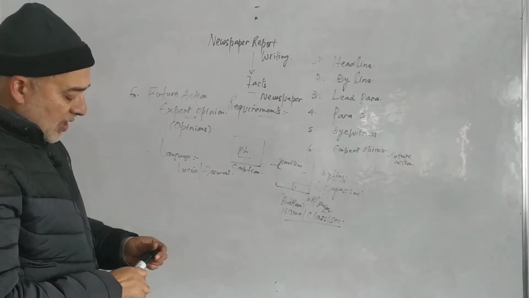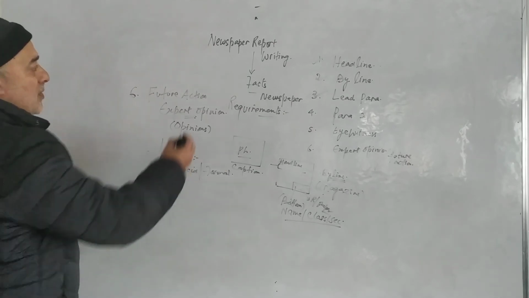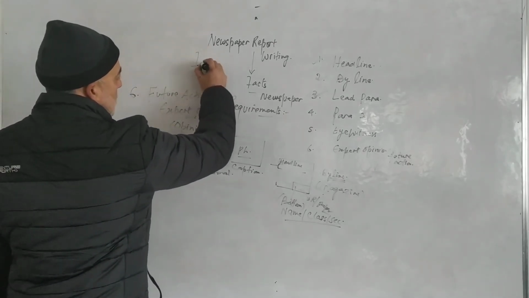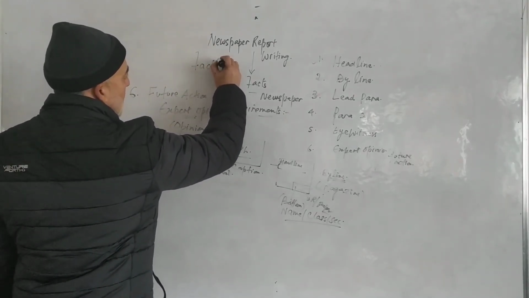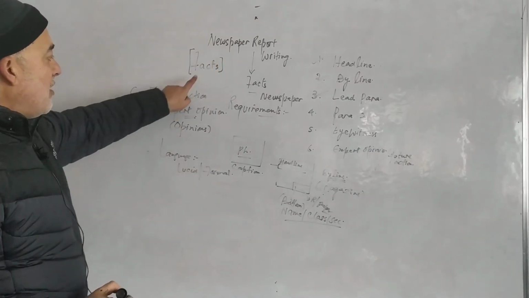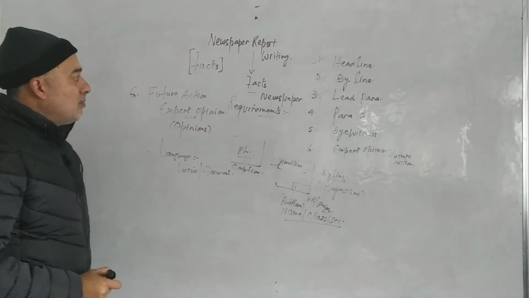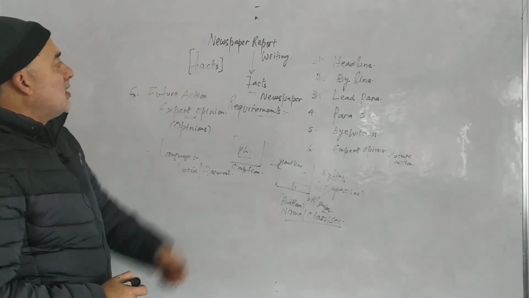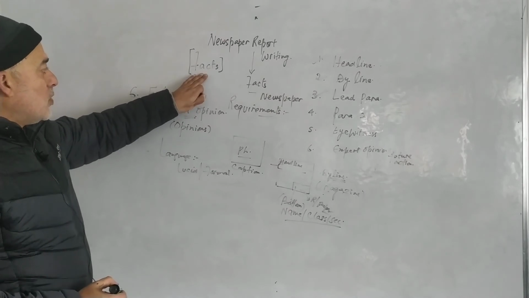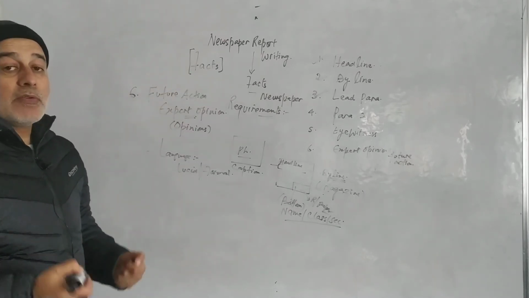And what are the other important things that we need to know about this newspaper report? First and foremost, it is based on facts. So you need to go and fetch the facts from the place, from the market, from the ground. You cannot make it on the table. It's not a fictitious report.